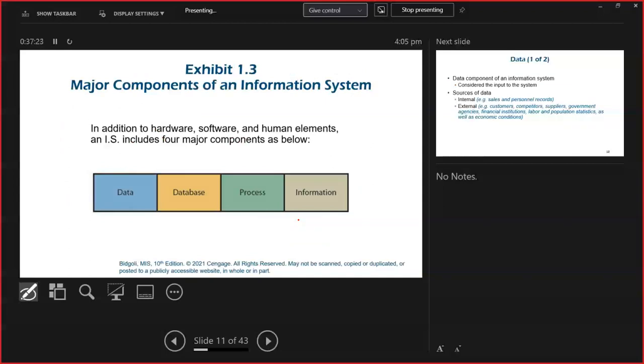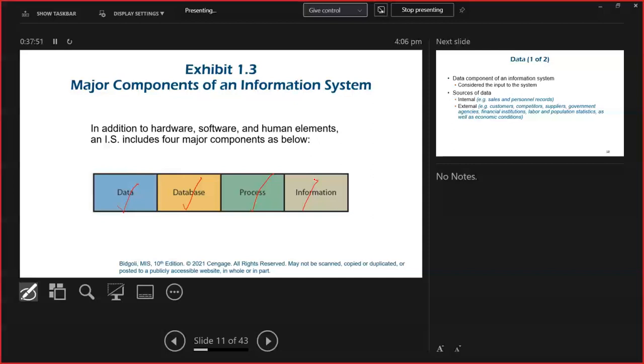Okay. The next thing we have to take a look at is information system dissection. How do we know if a company has an information system? Well, if we find a company has data, database, process, and information, we more or less think this company has computers used in it.